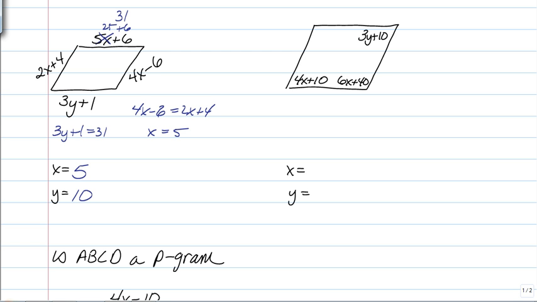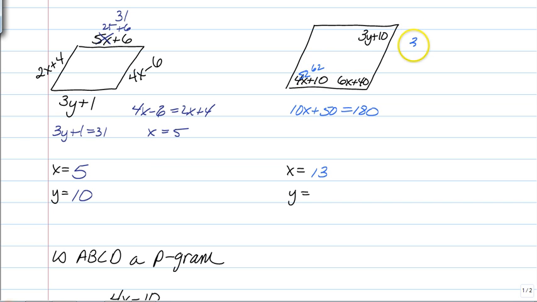For the second one, you're finding x and y again. You have to work with the x's first. Those are on the same side. They are not opposite sides. So that's going to add up to 180. So you're going to have 10x plus 50 is equal to 180. So x is equal to 13. After you have the 13, you're going to plug it in here. So 13 times 4 is 52, plus 10 is 62.